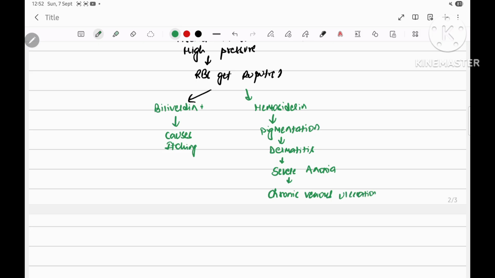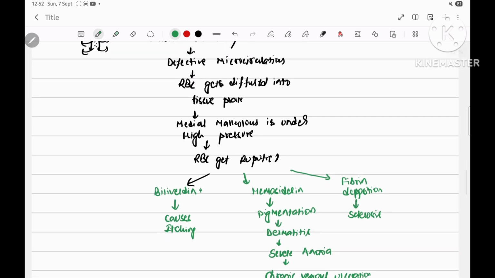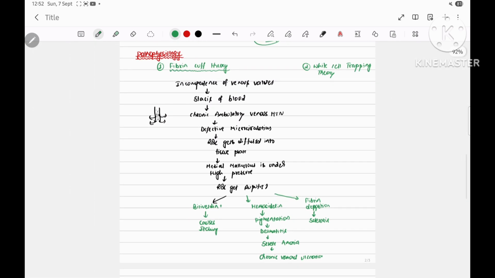Similarly, after a long time, fibrin starts to get deposited, and this leads to sclerosis. So this is the fibrin cuff theory.